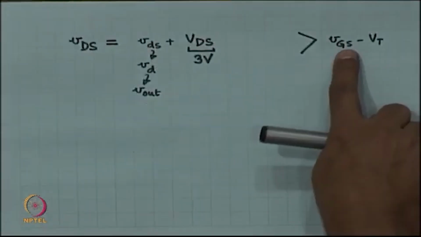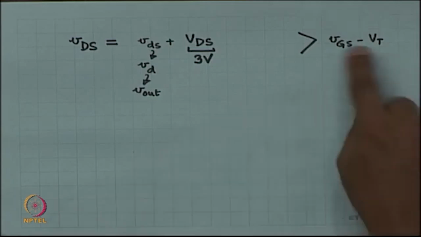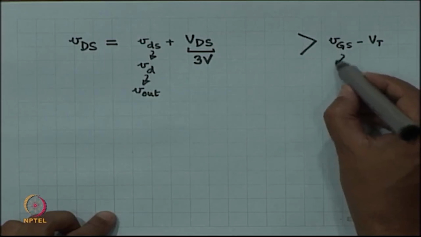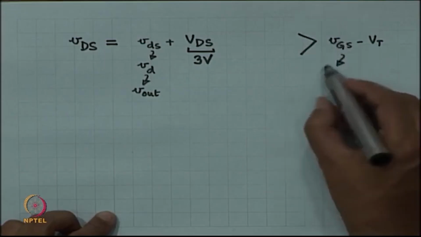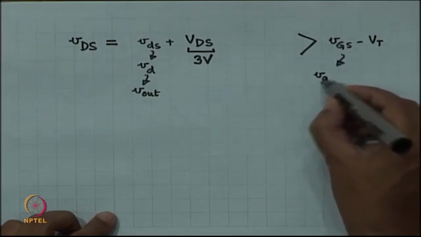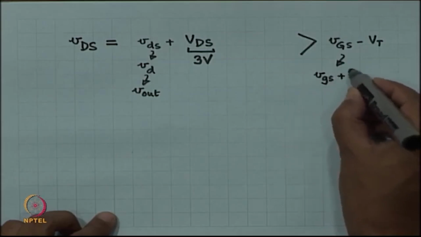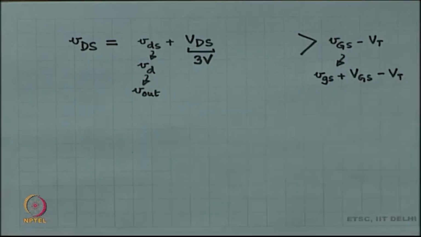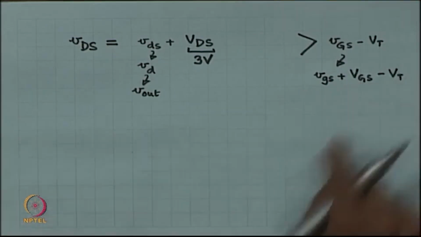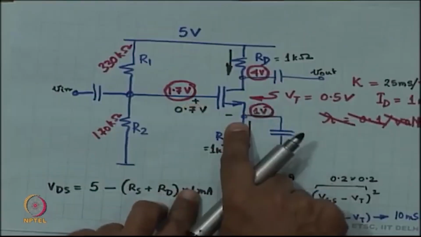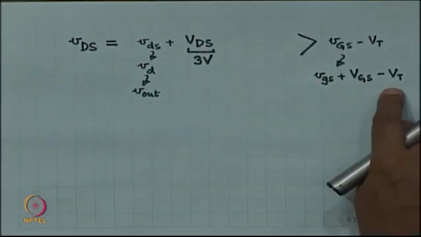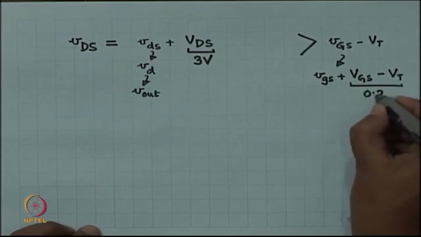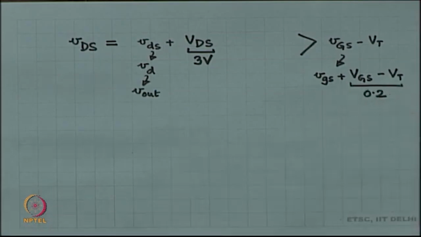If so, once again, VGS minus VT, VGS comprises of small VGS plus capital VGS. Okay. And this capital VGS is how much? 0.7, VT was 0.5. So, this portion is 0.2, we know this.